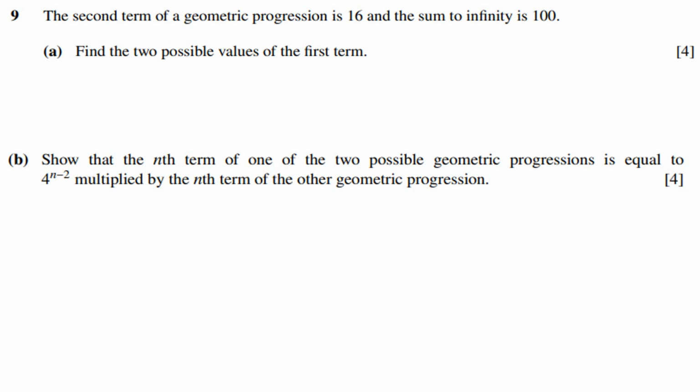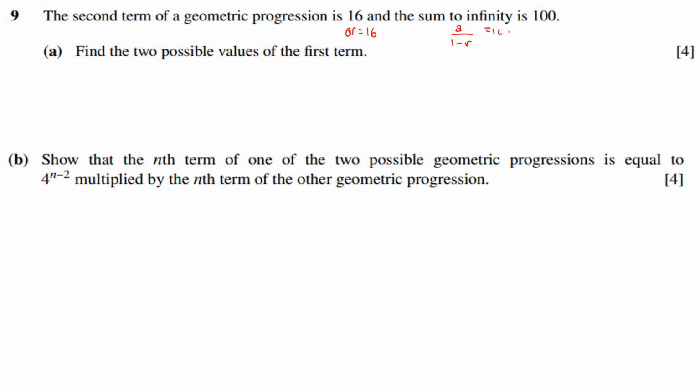All right, next. The second term of the geometric progression is 16 and the sum to infinity is 100. So the second term, that'll be AR, so AR equals 16, and the sum to infinity, which is A over 1 minus R, must equal 100.